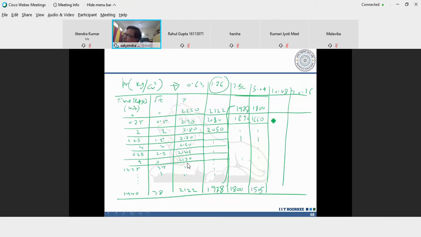Then 1505 will be the initial reading for this load. Then at the same time interval, you will note down the readings. So this is, for example, 1135. 1135 will be the initial reading. Then 940. See, the last reading is 807.